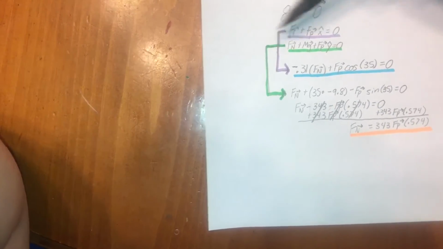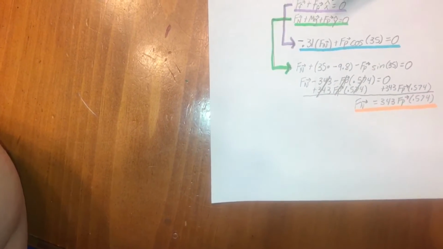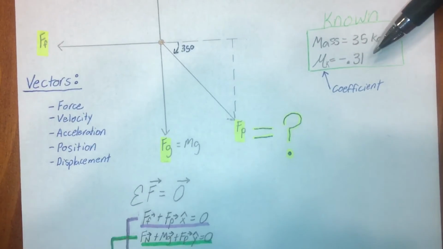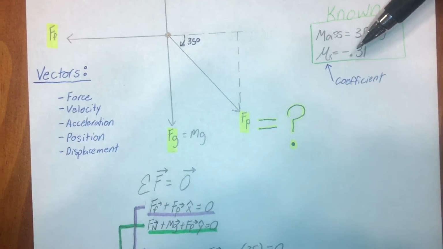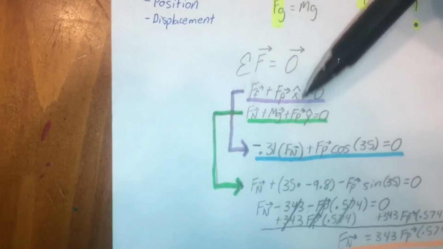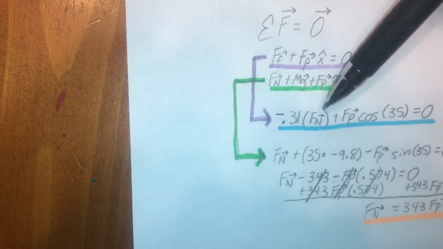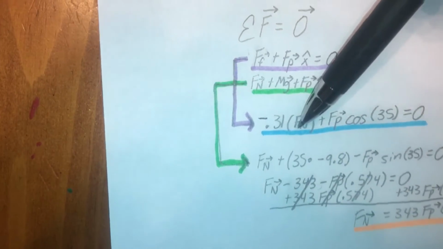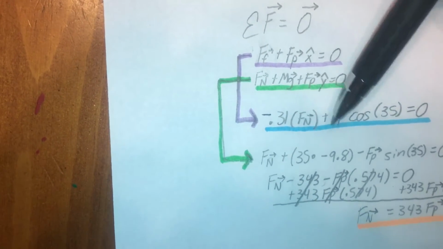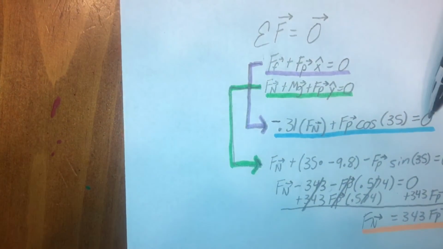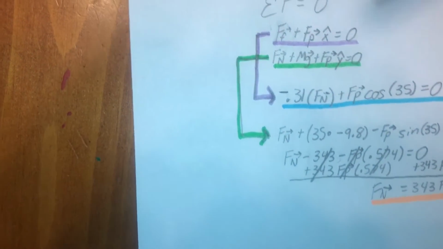Then I took this first equation, my x equation, and I plugged in what I knew. My known is a mass of 35 kilograms and kinetic friction of negative 0.31. So I got negative 0.31 normal force plus the push force cosine 35 equals 0.